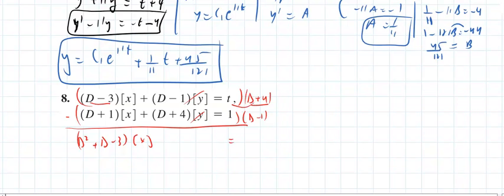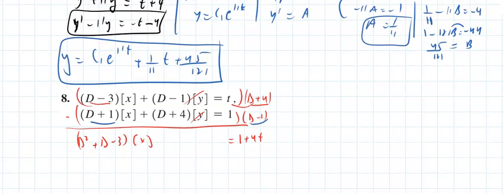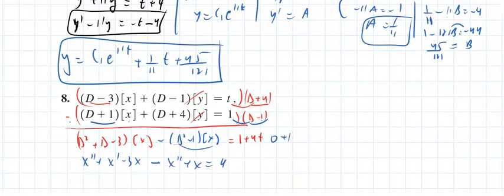The derivative of t is 1 plus 4t. And when I apply this, that's d squared minus 1 operating on x minus d squared minus 1 operating on x. And the derivative of this, that's 0. Minus times a negative is a positive 1. So I get x double prime plus x prime minus 12x minus x double prime plus x equals 4t plus 2.